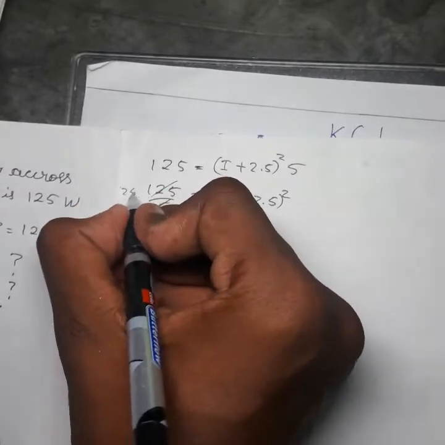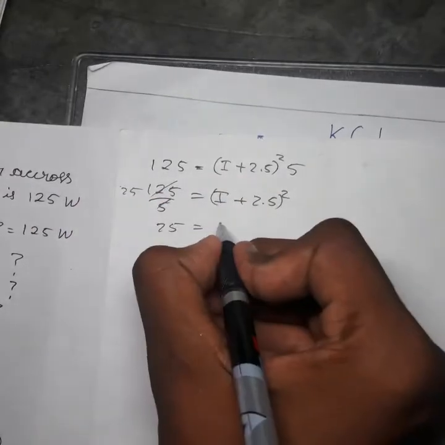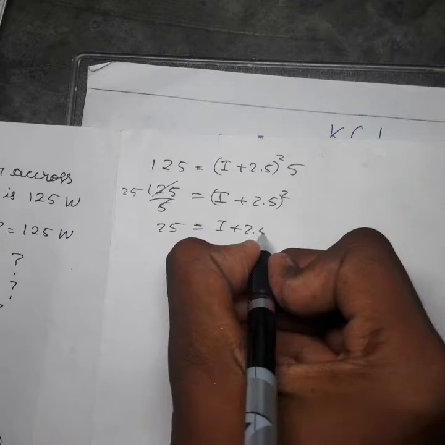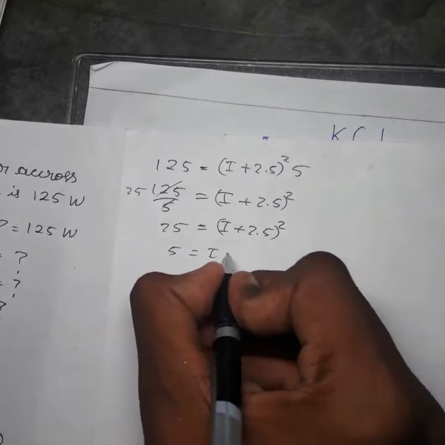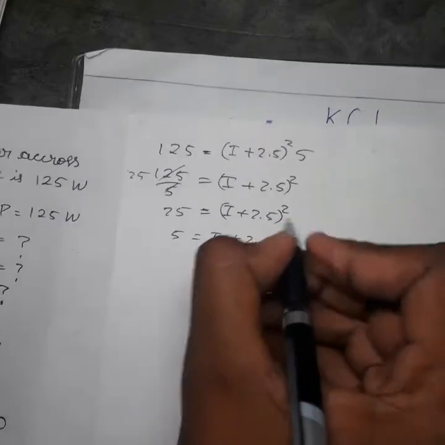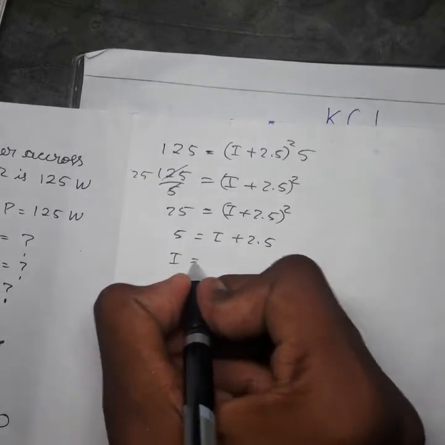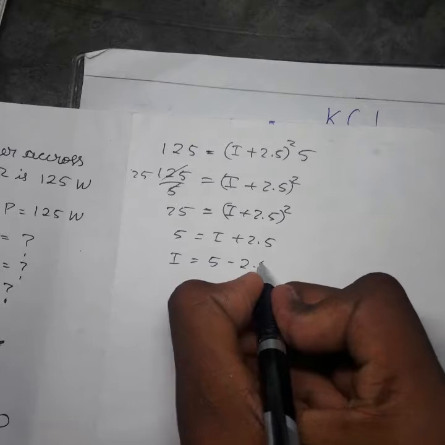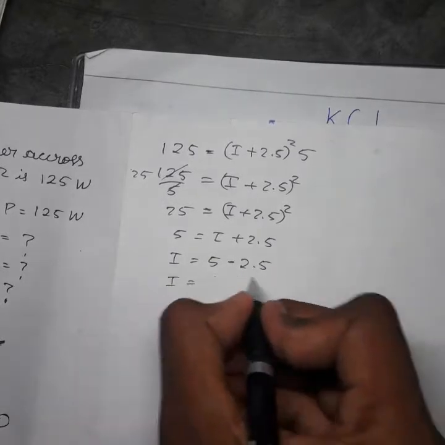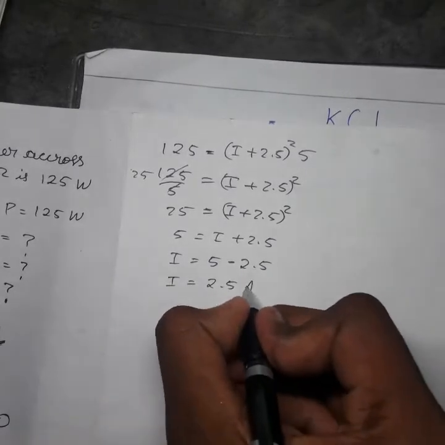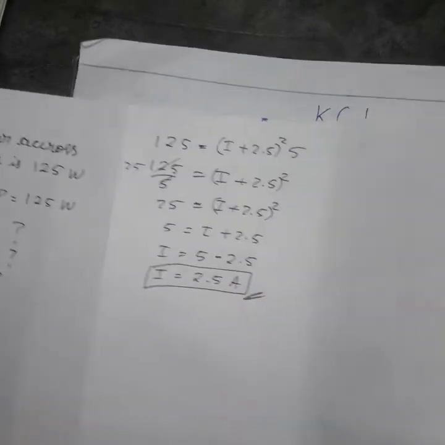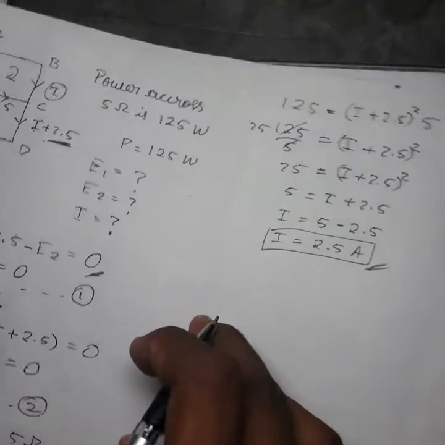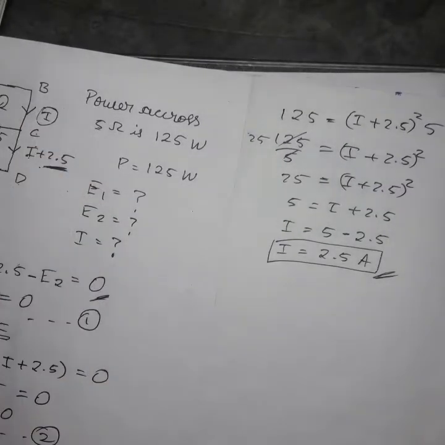Divide it, you'll get 25. 25 equals I plus 2.5 whole squared. Take the square root to this side, you will get 5 equals I plus 2.5, and the I value is 5 minus 2.5, which equals 2.5 amps. 2.5 amps is the current flowing across the first loop.